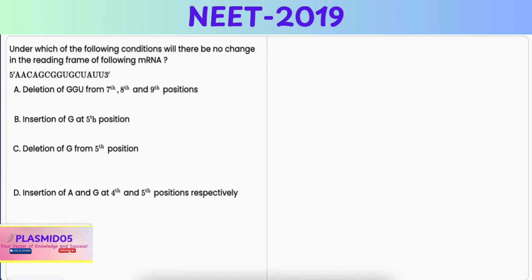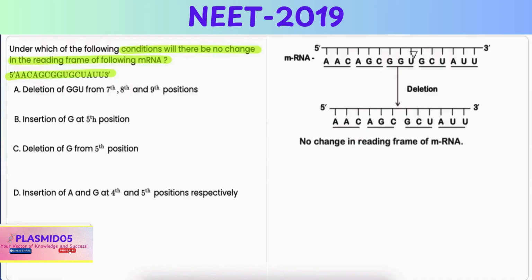In this question, you have to identify the condition when there will be no change in the reading frame of the given mRNA. Option A, deletion of GGU from 7th, 8th and 9th positions.